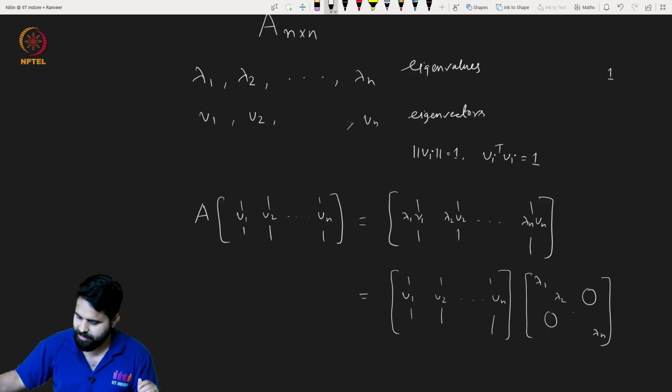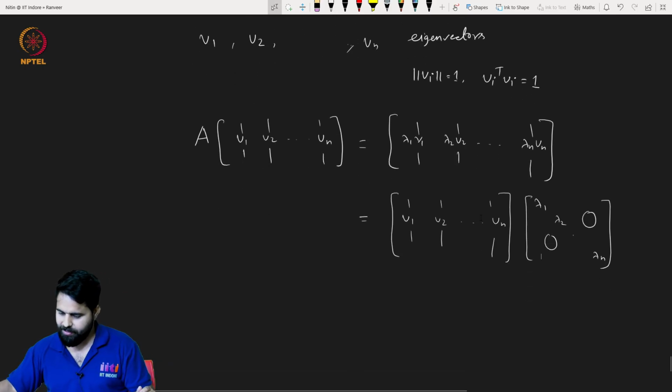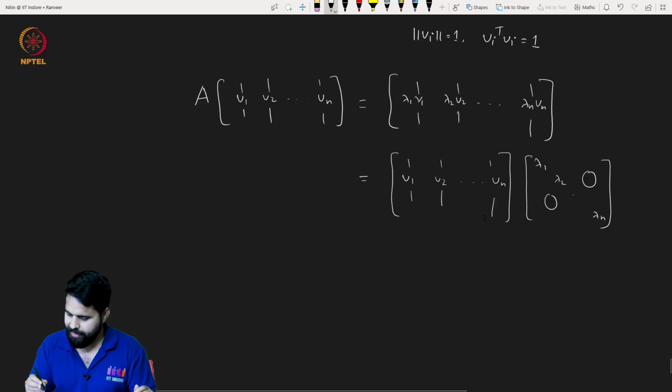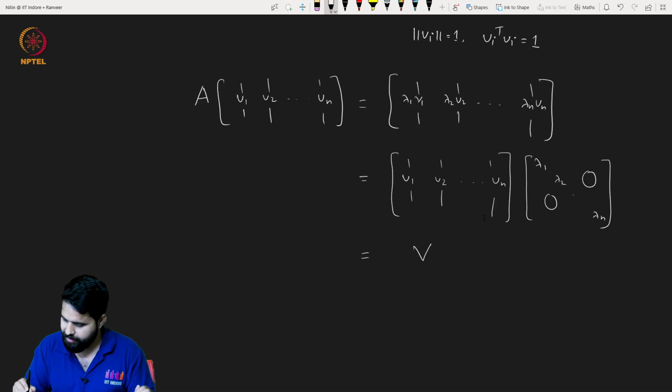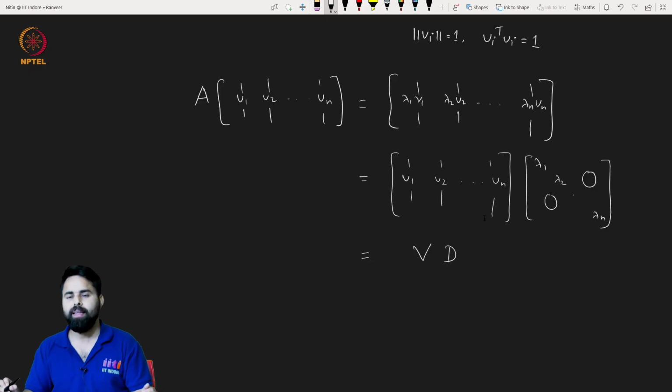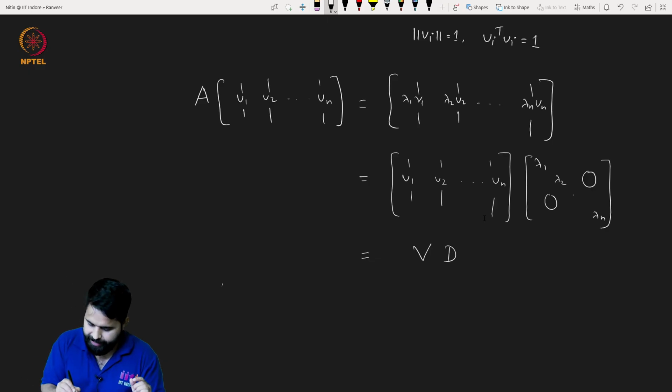This is just a basic definition, nothing very sophisticated here. Suppose I write it as V and this as D. Then I can write AV equal to VD.